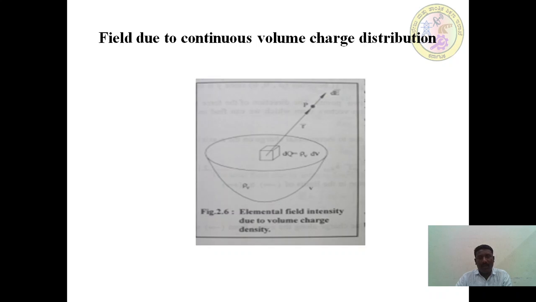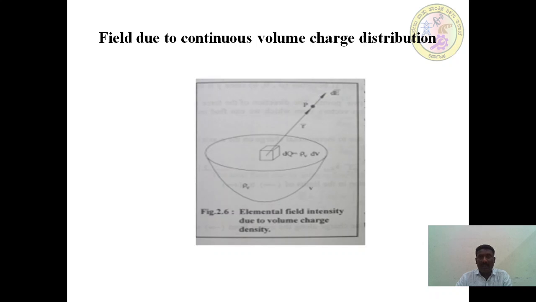Here, first understand what is meant by volume charge. Before defining a volume charge, let us take up charge. We know that a charge may be positive or negative in nature.